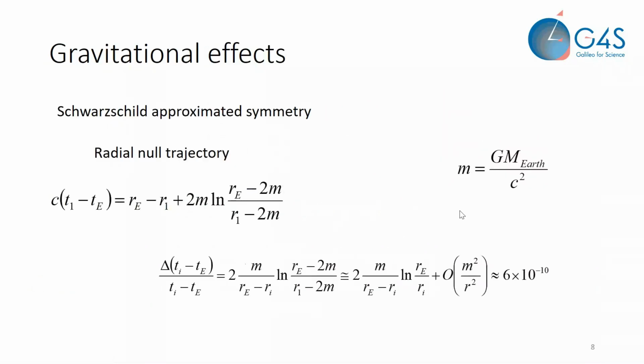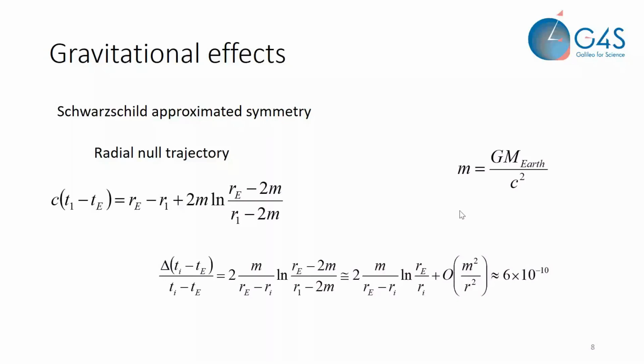Now, what about gravity? Because of course we know that all this doesn't happen in empty space-time, but on Earth. We can do again here, just to evaluate orders of magnitude, a simple approximation. Let us suppose that the space-time is a Schwarzschild space-time.